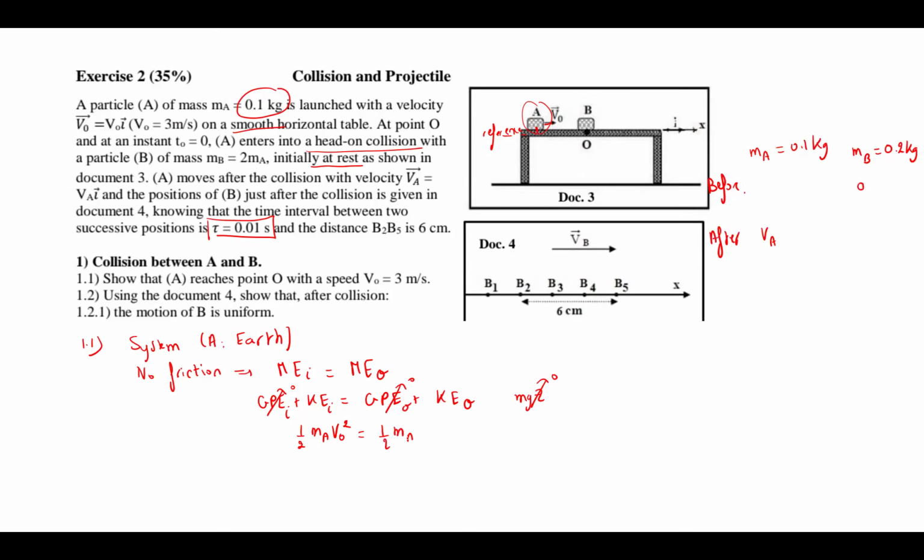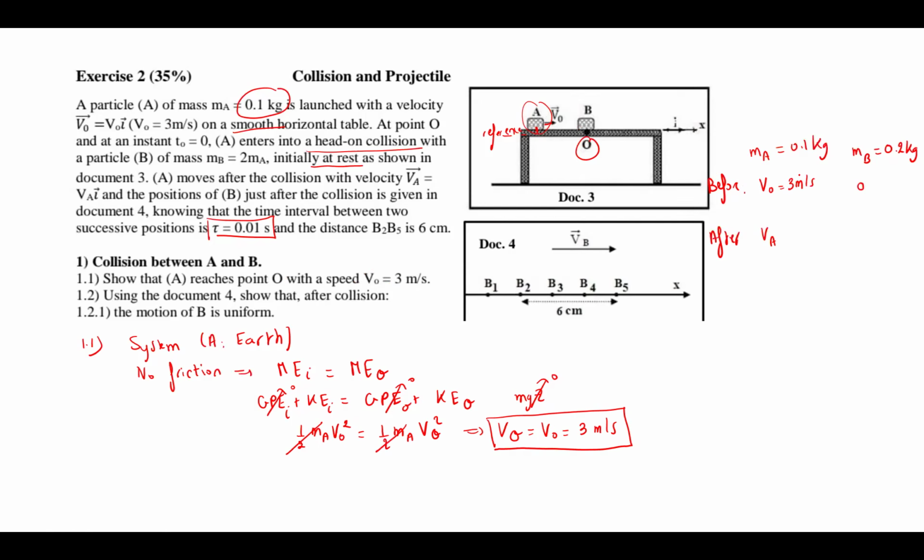So half ma and half ma cancel, and we get that V at the point O is equal to V0 when it's initially launched. So it's equal to 3 meters per second. This is the speed of A just before colliding with B. So now for the before, I have it, it's equal to 3 meters per second.